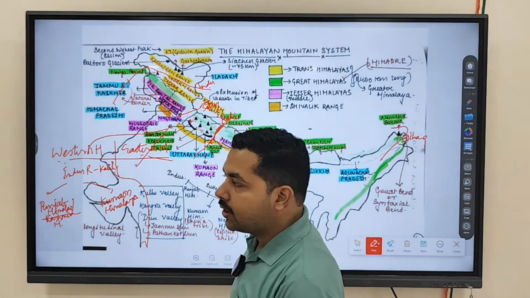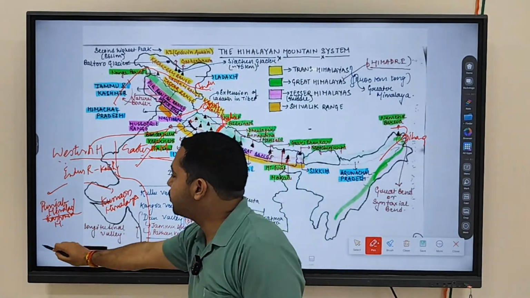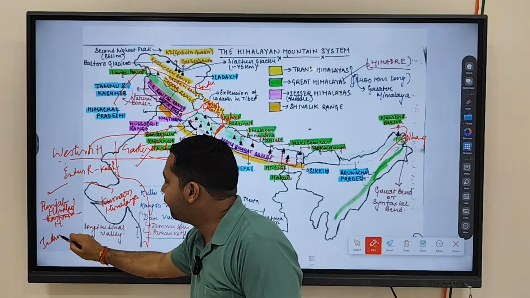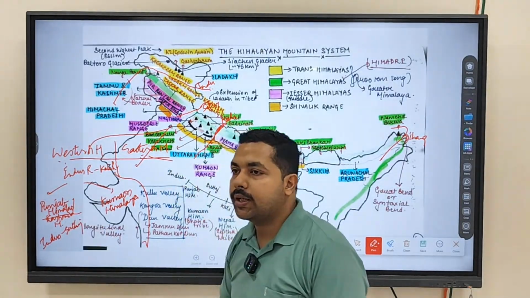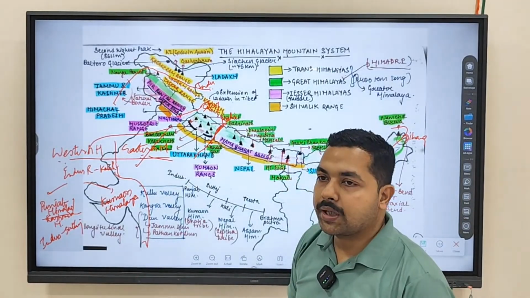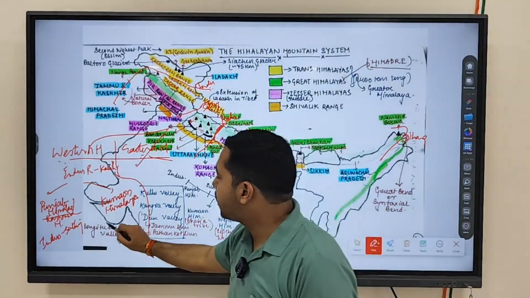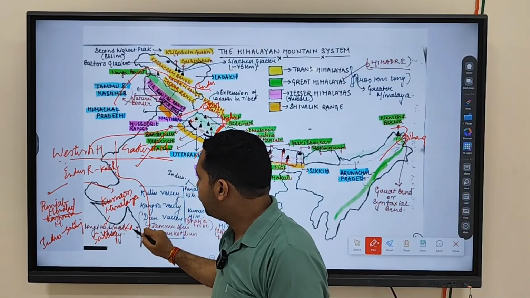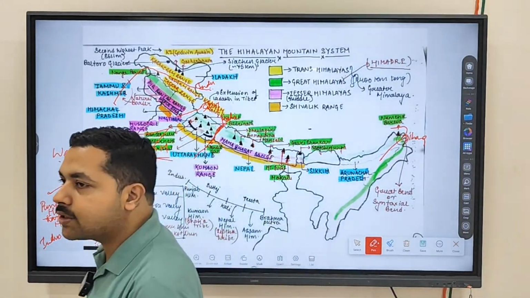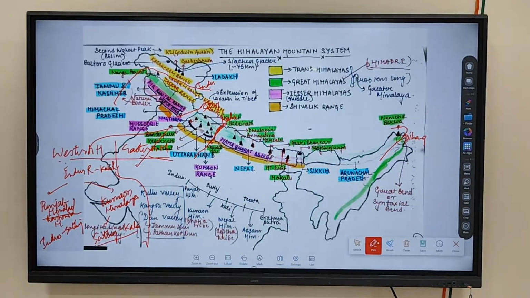Satluj River. So from Indus to Satluj, which type of Himalayas is it? Punjab or Kashmir Himalayas. And from Satluj to Kali River, which type of Himalayas? Kumaon Himalayas.